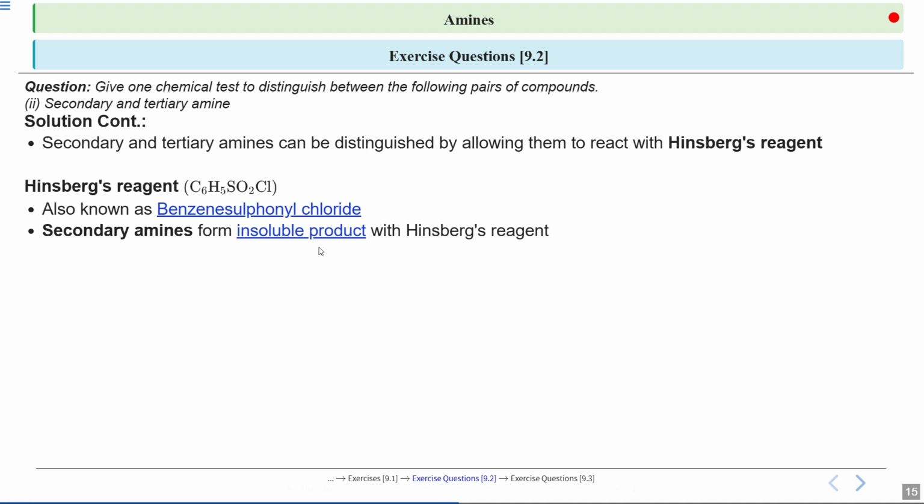In this reaction, Hinsberg's reagent, benzene sulfonyl chloride, reacts with a secondary amine to form N,N-diethyl benzene sulfonamide. This forms an insoluble product, because here we have no acidic hydrogen attached to this nitrogen. That is why it is insoluble.